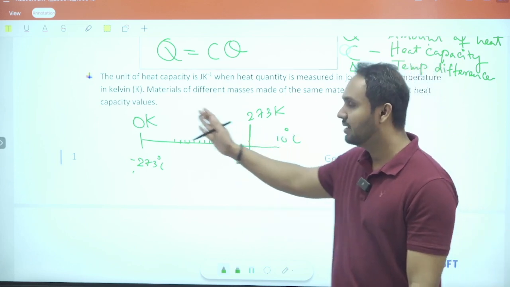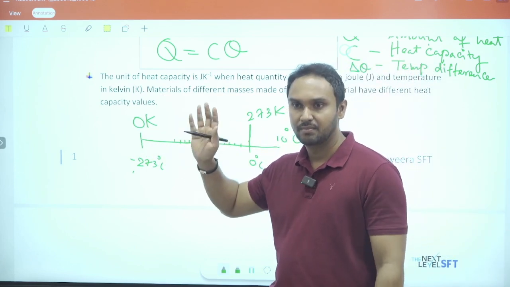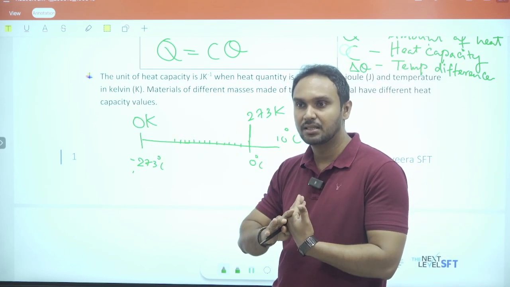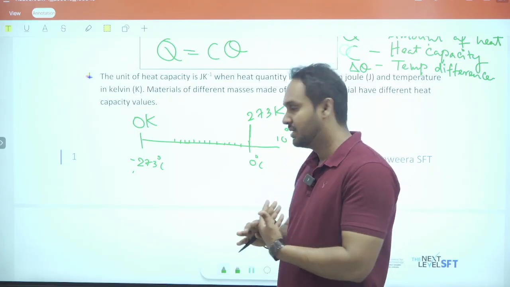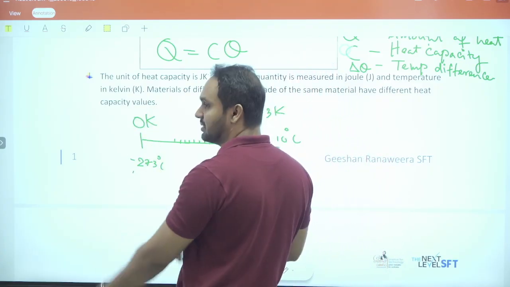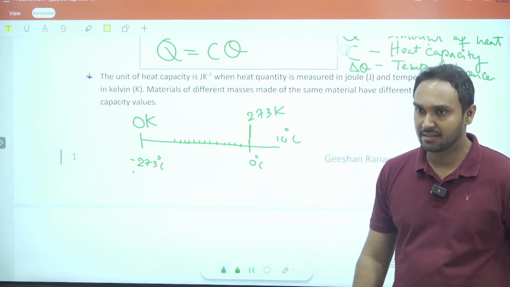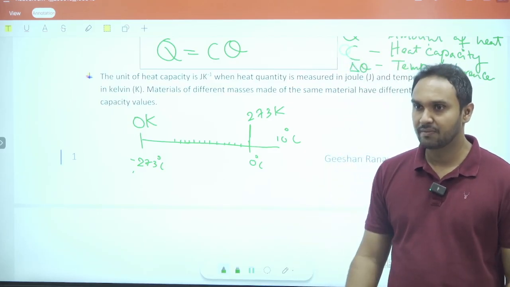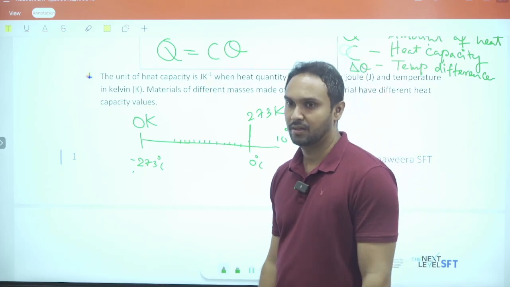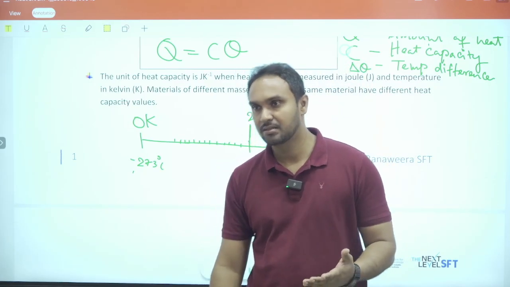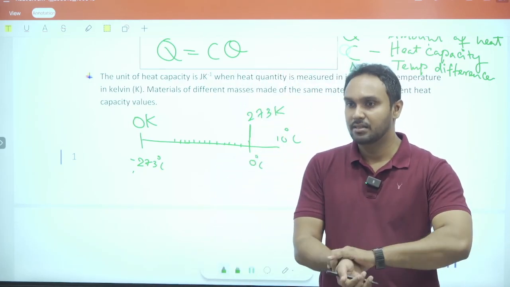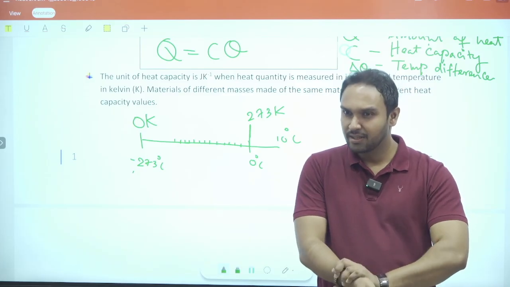Only the starting and final values are different, but the difference is the same. So the Celsius difference and the Kelvin difference are the same. You apply it in Kelvin or in Celsius, you get the same difference. So no worries. Nothing changes, right? Understood?